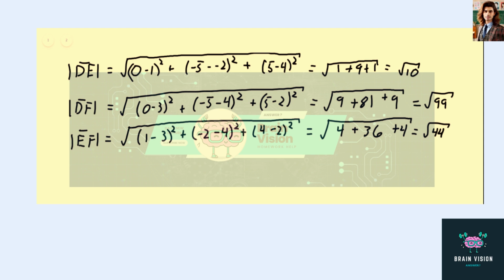So if we add up the two smaller sides, the question is, by the same logic we used on the previous page, is this equivalent? So if we punch this into a calculator, it's one way to check.